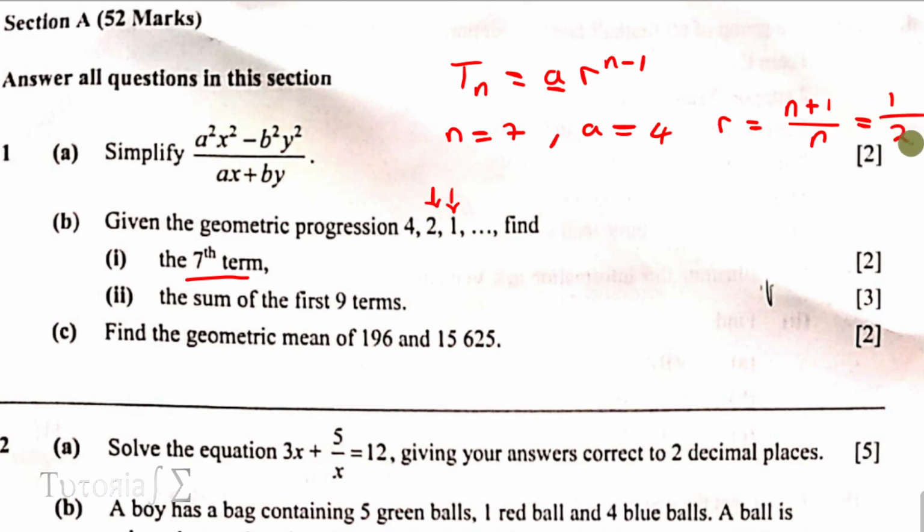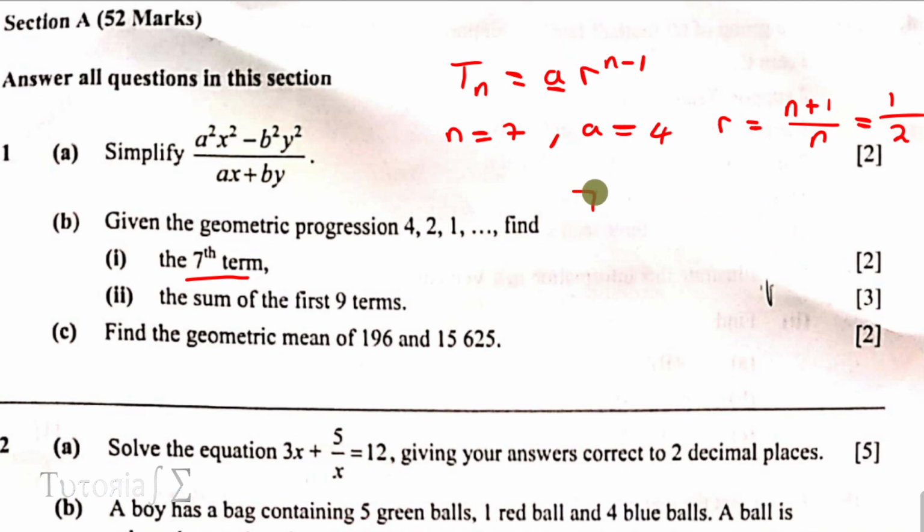So that is 1 over 2. Or we could use 2 and 4. The next term is 2, and the preceding term of 2 is 4. So 2 over 4, which will give us 1 over 2. So we see it's giving us the same answer. So we found our R and our A, and now we can find the seventh term.